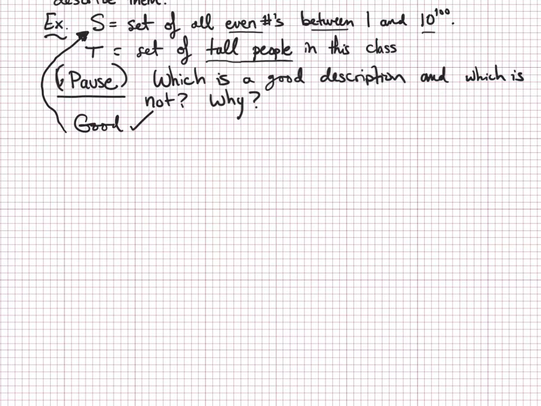Good. Okay, so let me say how another way you could write the first one, and we're going to do this a lot. You'll do it a lot on your proofs, and I'll do it a lot on the board. I could write it out using English words. Another way to describe it is to list its elements: 2, 4, 6, 8, dots, 10 to the 100 minus 2, 10 to the 100.